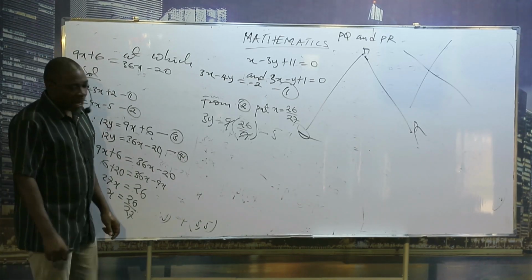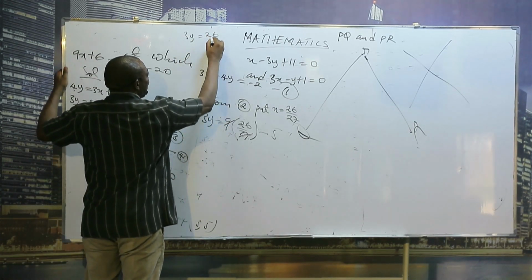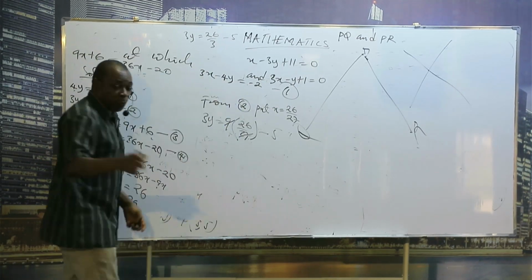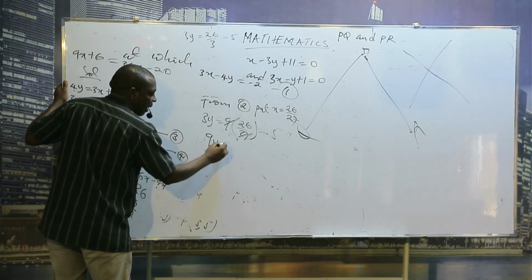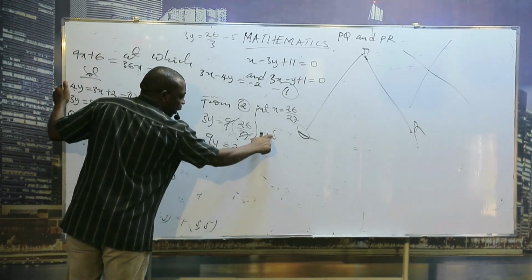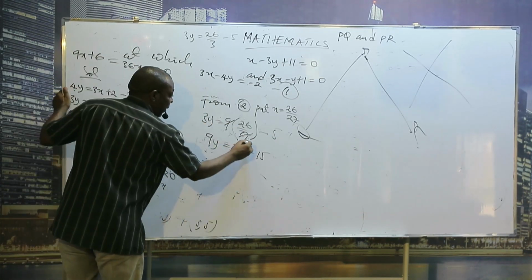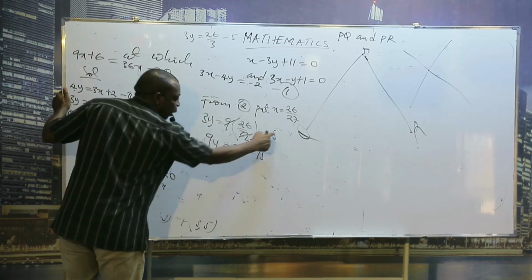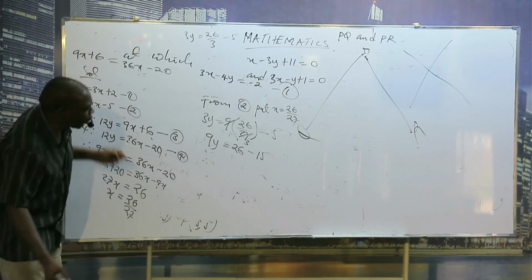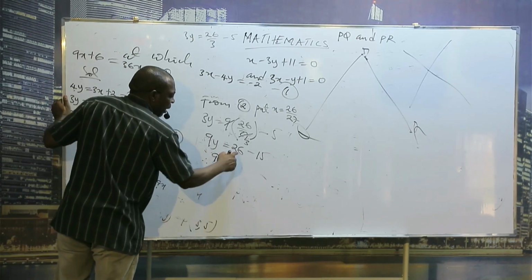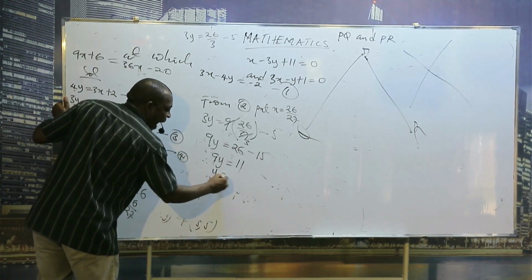But WAEC students will come back: 3y, 26 over 3 minus 5. But for you, don't go there. 3 will multiply 3 here. Now this is 26. 3 will multiply here. There is 3. Here is 3. 3 multiply here, 3 multiply here. You have cleared your fraction. Then 9y, 26 minus 15, 11. So what is y?